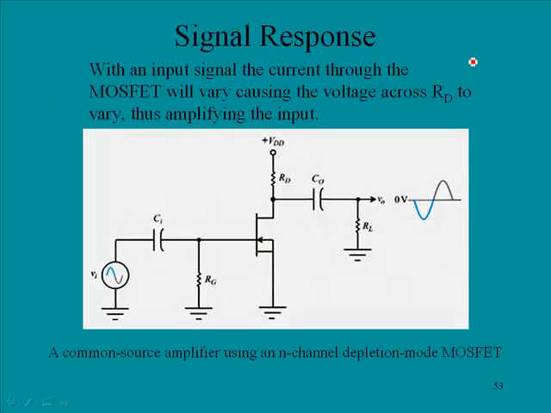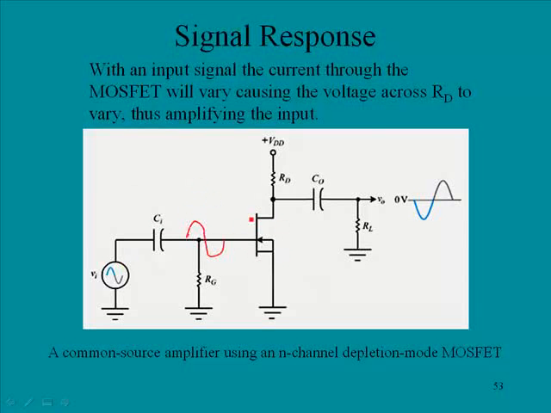Okay, signal response. A common source amplifier using an N-channel depletion mode MOSFET. So here we have an N-channel depletion mode MOSFET. With an input signal, the current through the MOSFET will vary, causing the voltage across RD to vary, thus amplifying the input. And this is actually the way that all amplifiers work, is that you have an input signal that comes in.